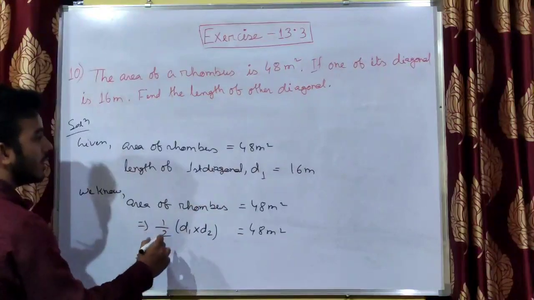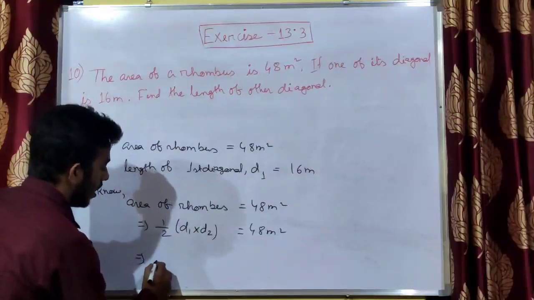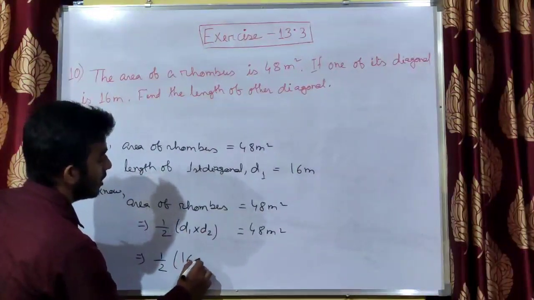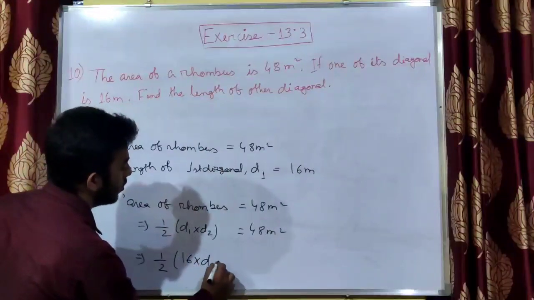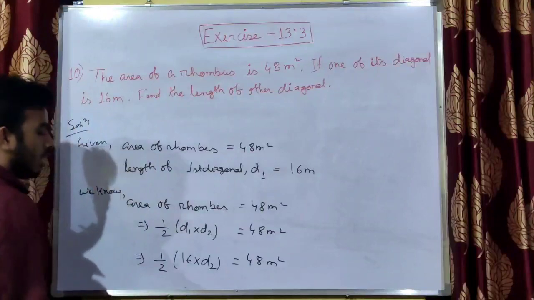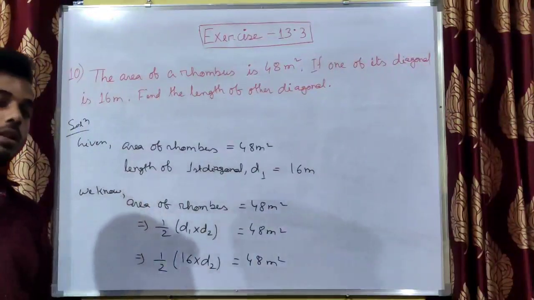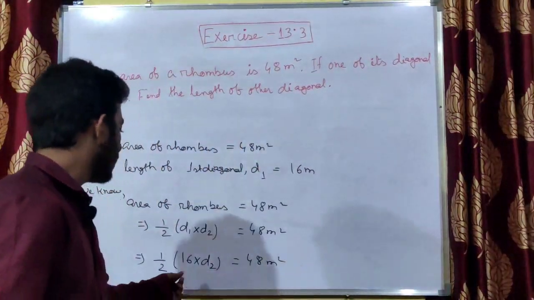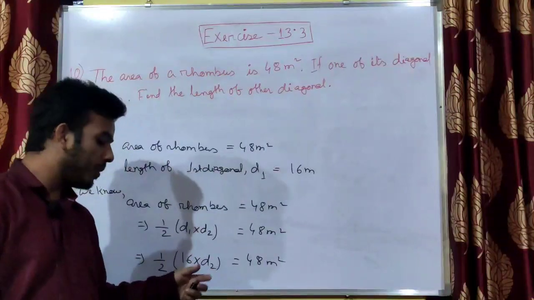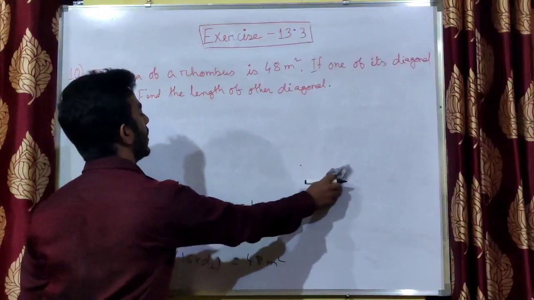We will write 16. So half of 16 into D2 equals 48 meter square. Now look, this 16 into D2 is what? Numerator or denominator? It is numerator, right? Because in its denominator there is a hidden 1, right?